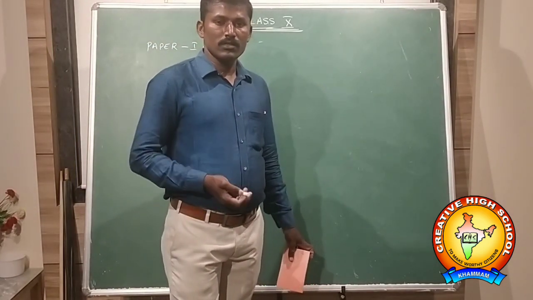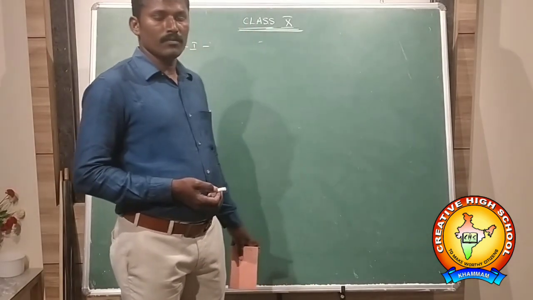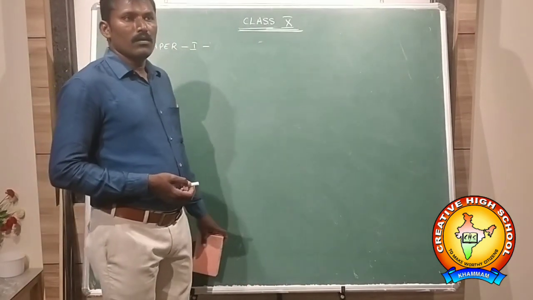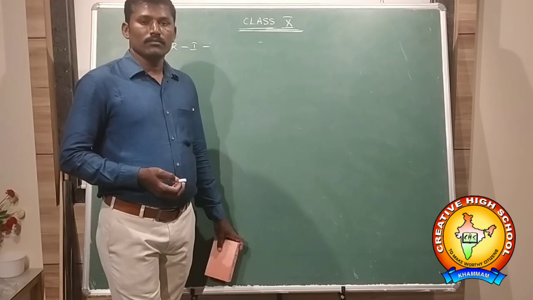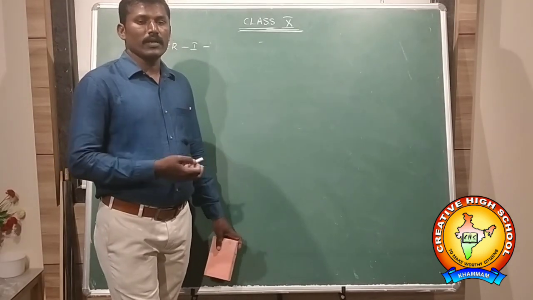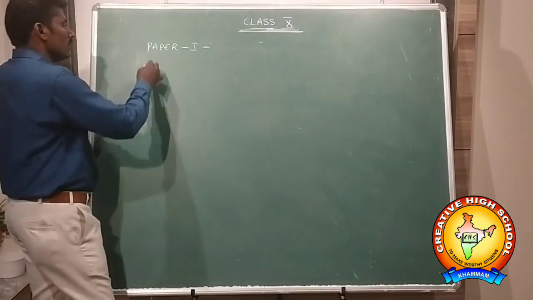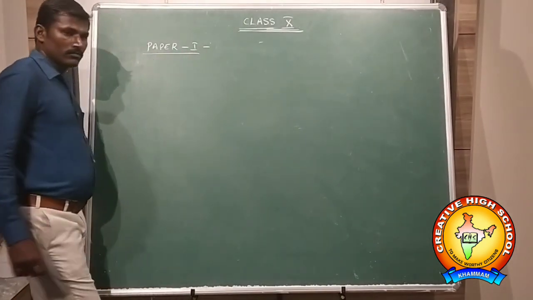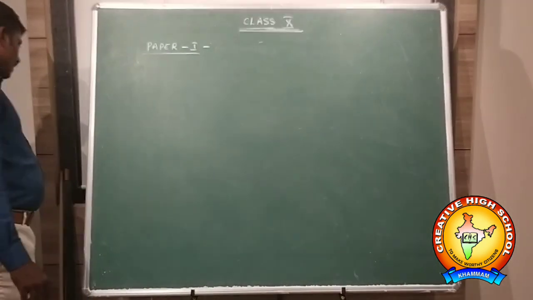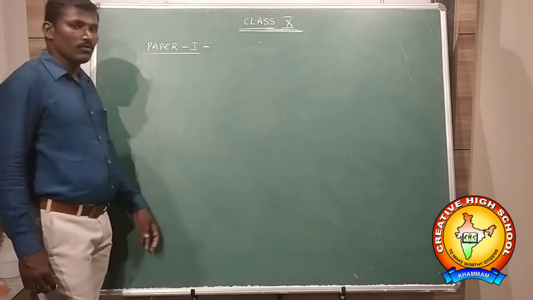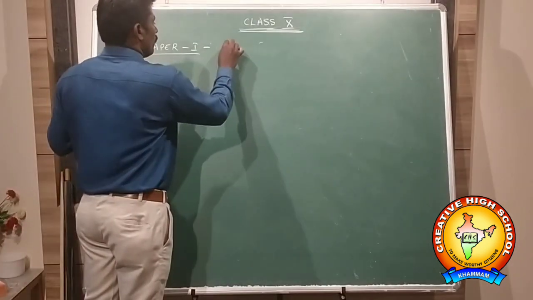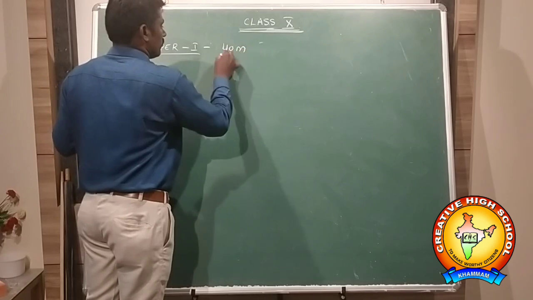What type of questions will they ask you? How can you answer the different kinds of questions? Here for paper 1, in your annual examination, it is a 40 marks paper.